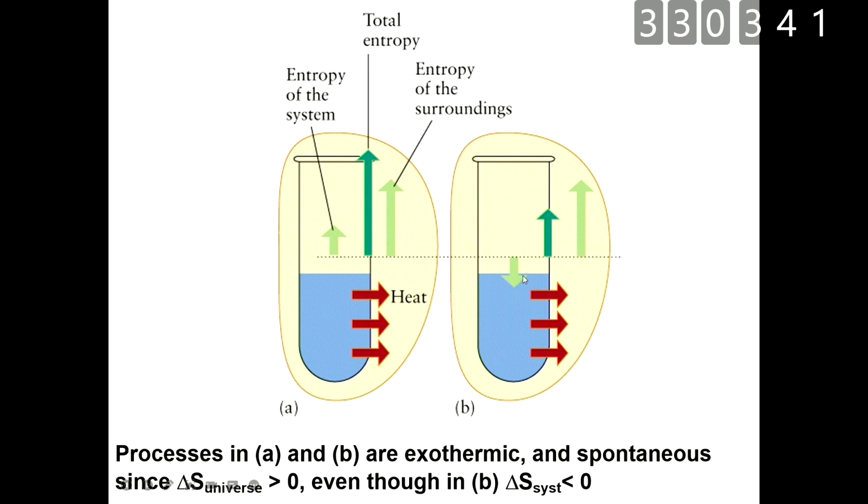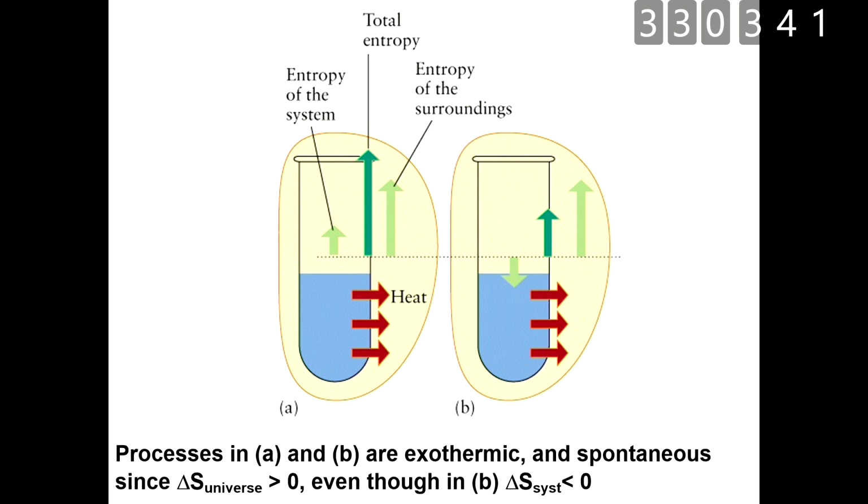After the reaction, the system's entropy may decrease, but the magnitude of the decrease is smaller than that of the increase. So the sum entropy change of the universe is still positive.